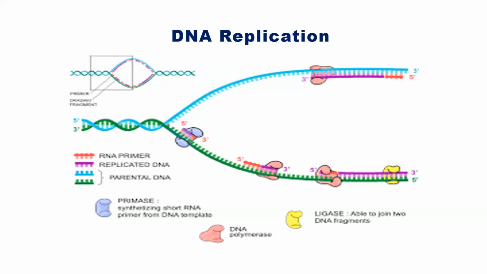In this way, one strand of the parental DNA molecule is conserved in each of the newly synthesized daughter DNA molecules. Each newly synthesized DNA molecule contains one new strand and one old strand, and hence replication is considered to be semi-conservative.